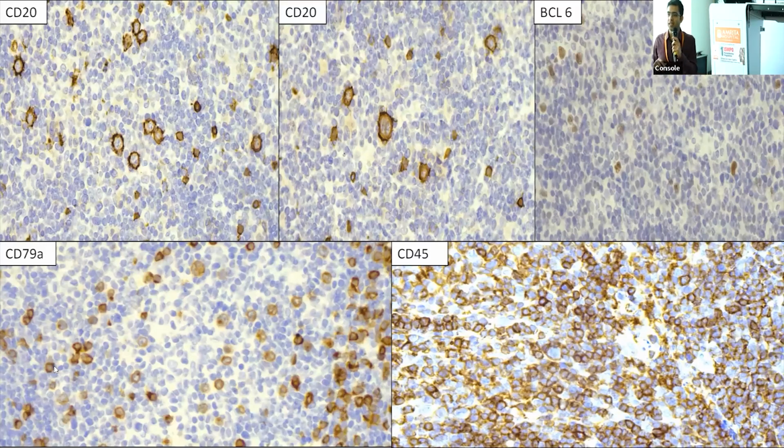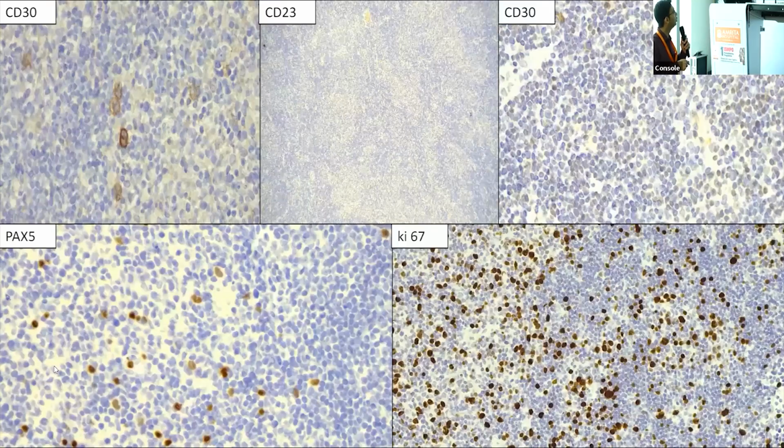So here these large RS-like cells are positive for CD20, CD79A, and BCL6. These RS cells are scattered or few in number with a moth-eaten or mottled appearance, and CD30 was weak and not strongly positive as in Hodgkin lymphoma. CD30 may be positive, it can come positive in NLPHL. This is, I think, CD15.